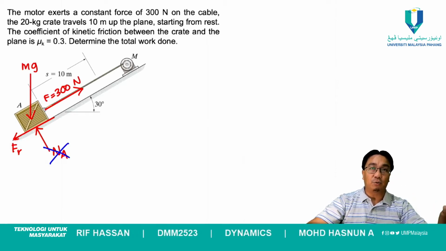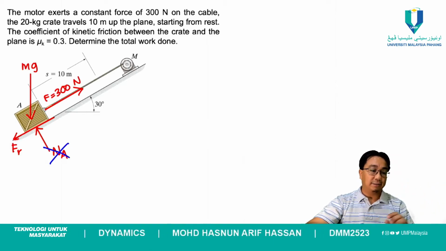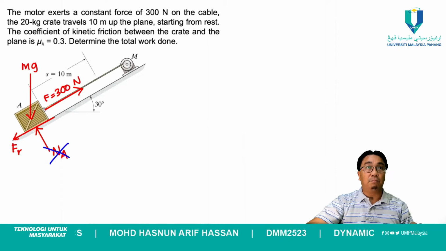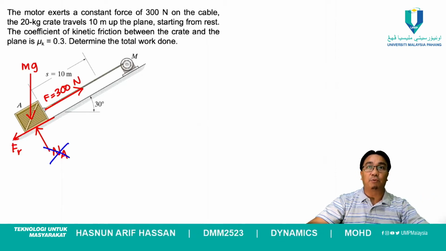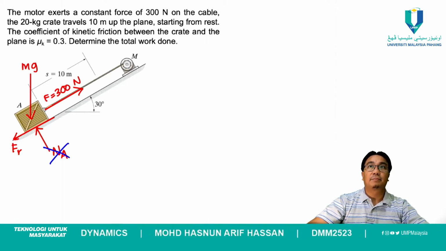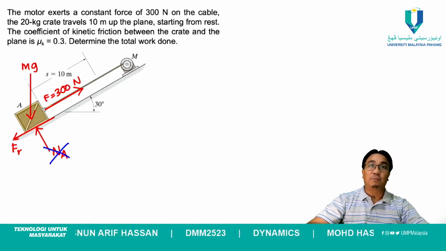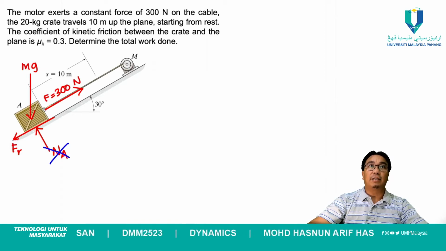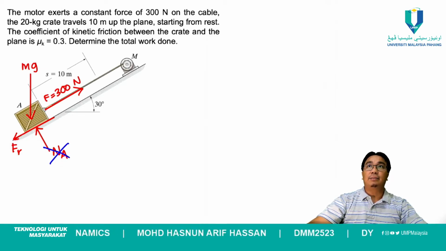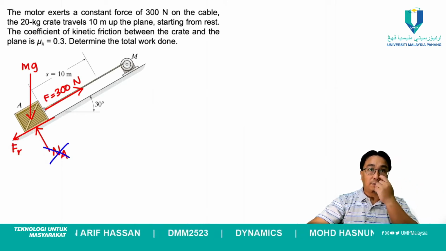So now the question is, is there a change of height? Is there a change of height experienced by the box? Yes, there is. So which means that mg must be doing work, because there is a change of height.